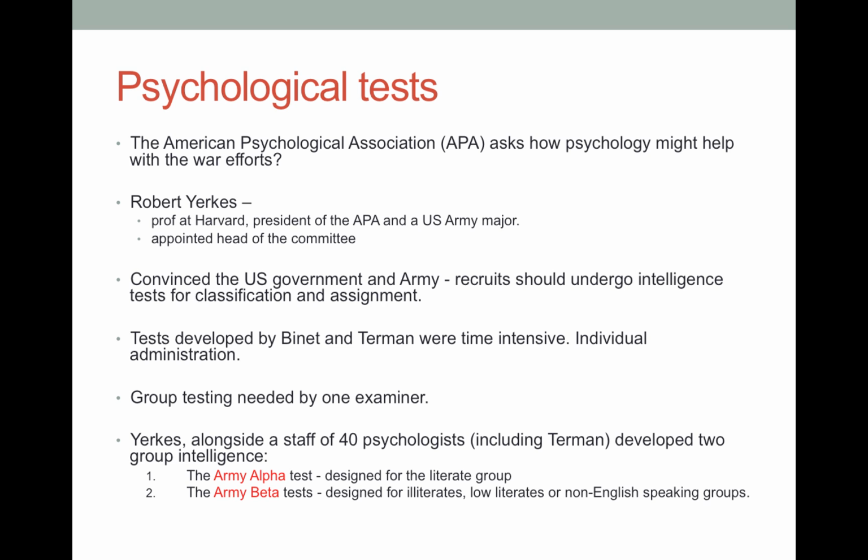Yerkes' aim was to develop group intelligence testing, and Yerkes, alongside a staff of 40 psychologists, including Terman, developed two group intelligence tests: the Army Alpha test, designed for the literate group, and the Army Beta test, designed for illiterates, low literates, or non-English speaking groups.